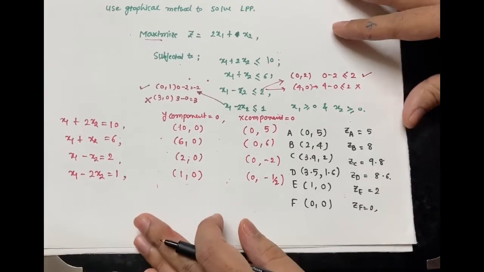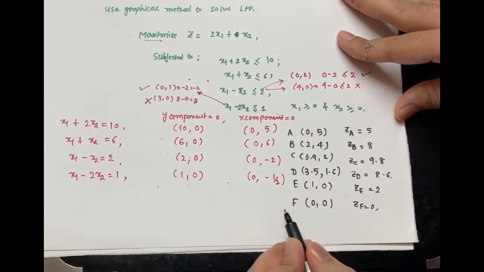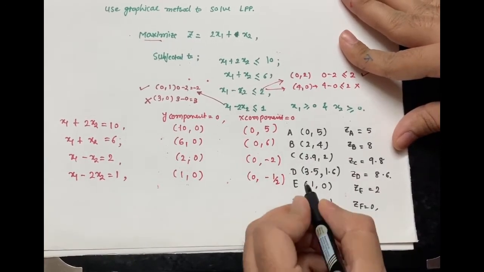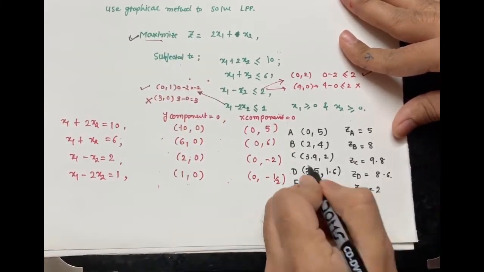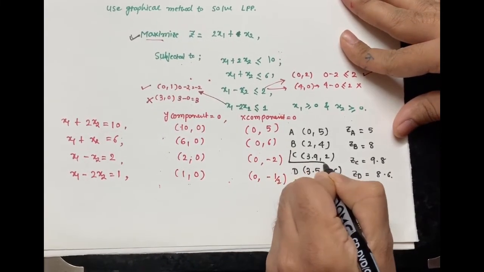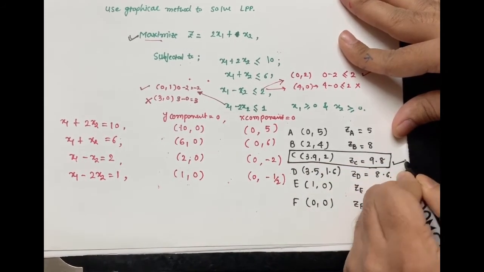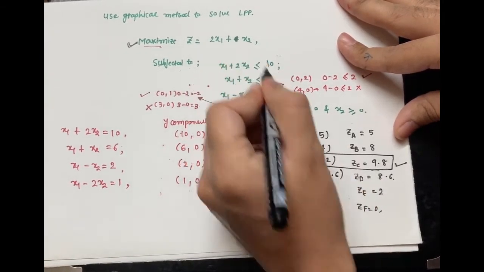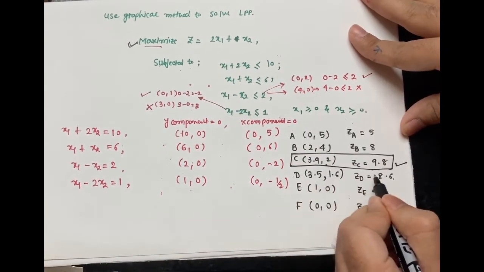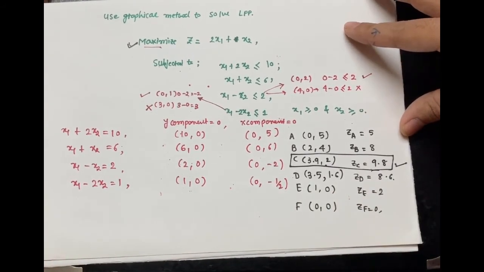Okay, so all these A, B, C, D, E, F are my feasible solutions, and as it is a maximization type, the optimal solution is the maximum value, which I get with the C combination. Hence x1 should be 3.9, x2 should be 2, and the corresponding maximum profit is 9.8.